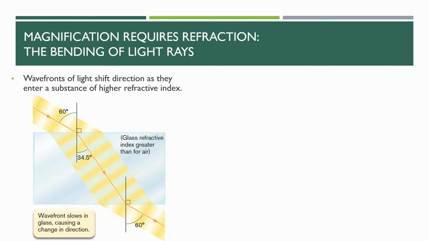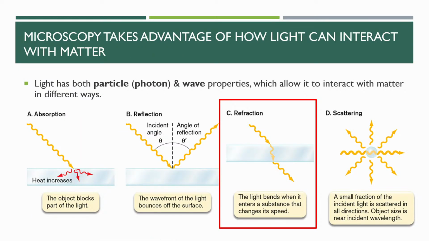What you need to know is that the refractive index for glass is different than air. So when the light is in the air, it's coming at a certain angle, and when it hits the glass, because of this refractive index, it's going to bend, and then when it leaves, it goes back to the original direction. Whatever I just described in refraction is all due to this refractive index.